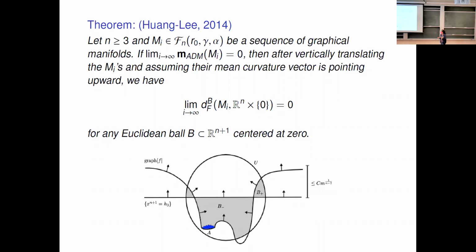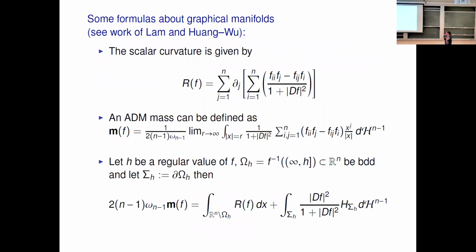Okay, let me now continue. And as I told you, these slides are just to convince you why the graphical case was so good. There is a formula for the scalar curvature for the mass, and there is this nice relationship between the mass, and here the scalar curvature appears.